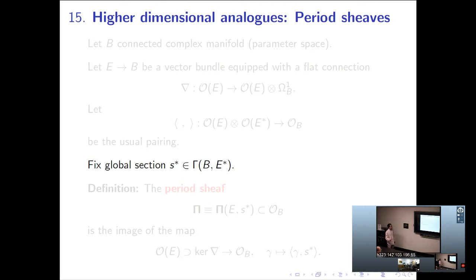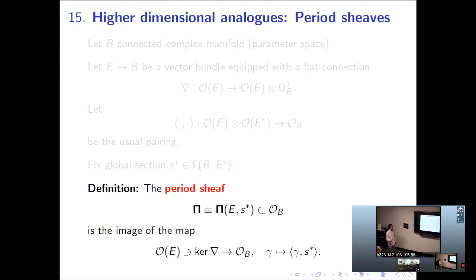So suppose we fix a global section, call it S star, of E star, which is non-zero. Suppose it exists. Then we define the period sheaf to be the sheaf generated by the local pairing between S star and locally constant sections of E.